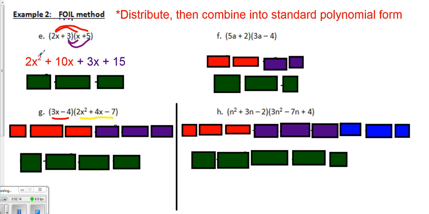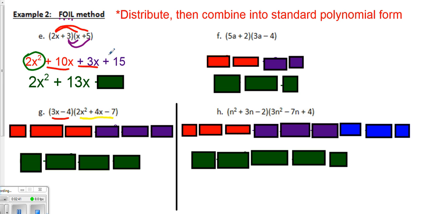Looking at these terms, this 2x squared has the highest degree, an x squared. Nothing else is above a degree 2. And nothing else will combine with it, so our first piece is just 2x squared. Looking at some other pieces, we have a positive 10x and a positive 3x that can combine. Those two would become positive 13x.